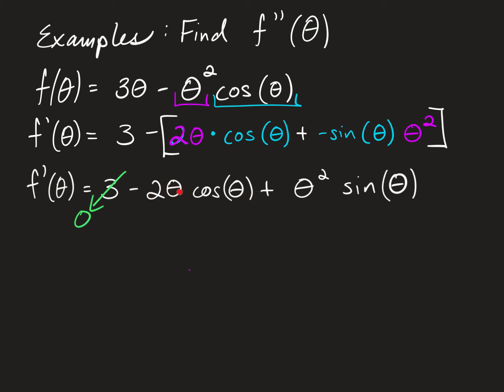So there's 2 theta, that's one function of theta times another function of theta, and this time, in this case, cosine theta. And then it's here again, theta squared times sine theta.